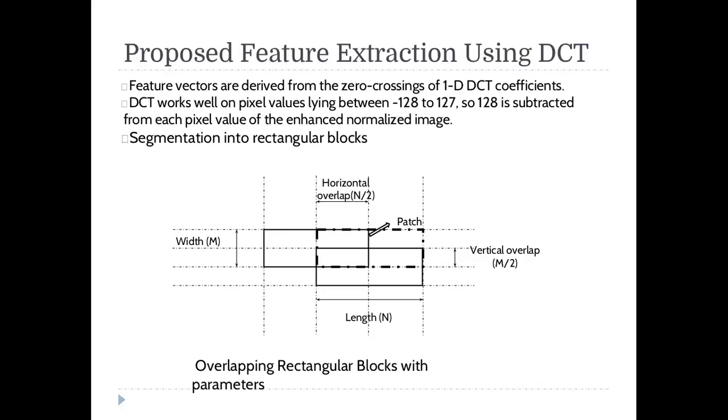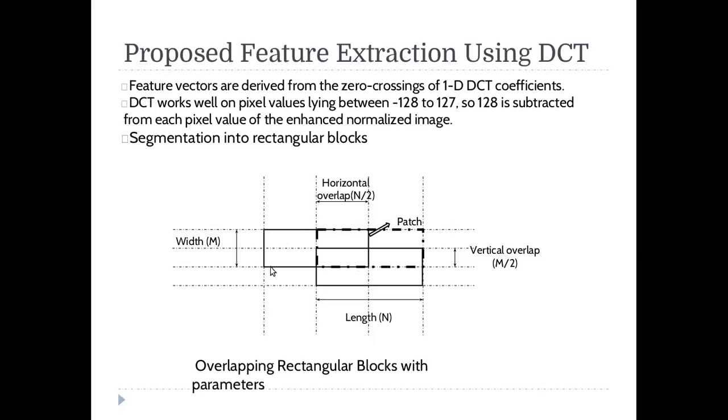Now here you can see how the feature is extracted for one block. For this block, there are a total of n columns, because the length of this block is n. For every column we compute the average.